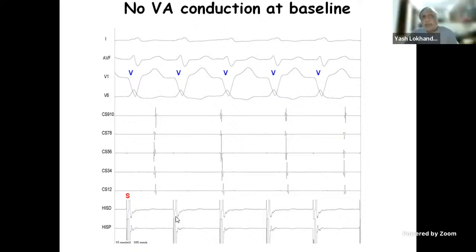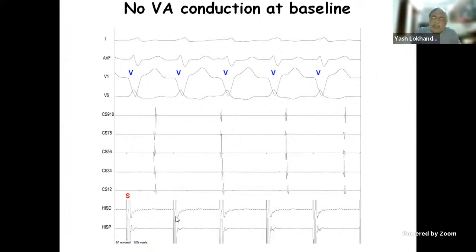Because if there is a pathway, it will conduct. Every time you pace the ventricle, it will show atrial activation because the conduction will go through the accessory pathway. Now, if you are pacing very fast, beyond the refractory period of the pathway, then sometimes you may not see 1:1 conduction, but there will be some conduction.